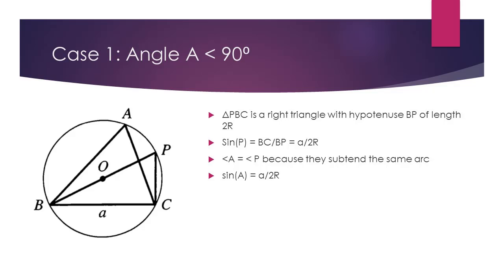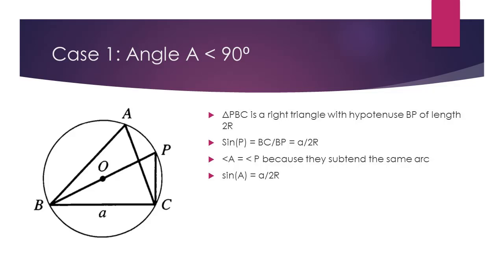For this proof, there are going to be three cases, and by solving all three cases, we're going to get the same thing, thus proving our theorem. The first case is for when angle A is less than 90 degrees. Since we've denoted BP to be the diameter, triangle PBC is a right triangle since BP is the diameter.